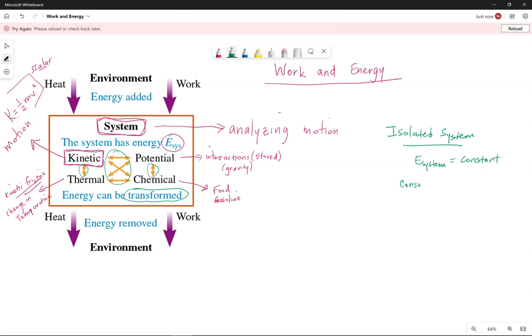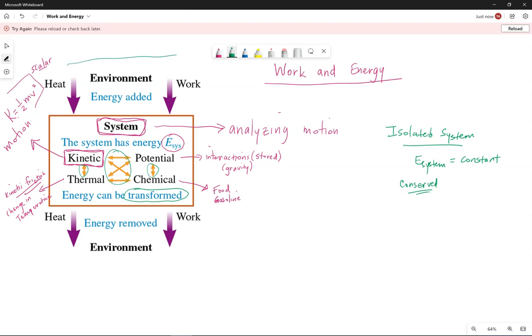We say it's conserved. In chapter 10, when we introduce potential energy and thermal energy and kinetic energy all together, we're going to look at what we mean by conservation of energy.